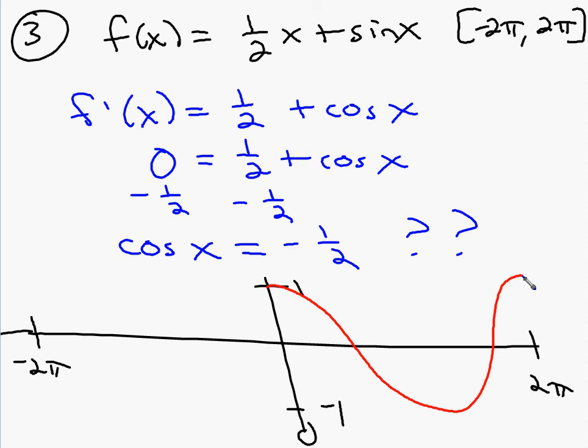All right. We know this is pi. And then it does this again, doesn't it? And so isn't this negative pi? Right? And so now we have to ask ourselves, where does cosine equal negative 1/2?